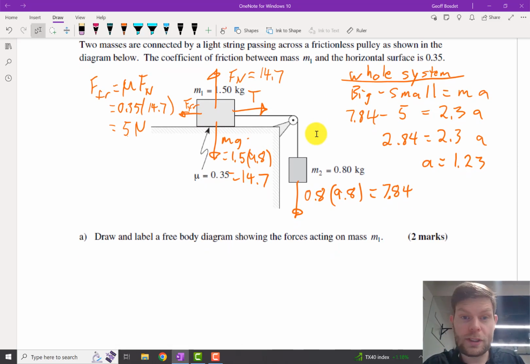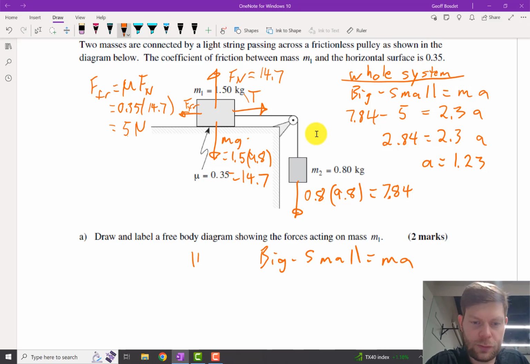So then we want tension. We can apply it to either or. Maybe I'll apply it to this guy just for fun because I'm rounding it to 5. So I'm going to do big minus small equals MA on the 1.5 kilogram mass. Big is tension, which is what I'm looking for.